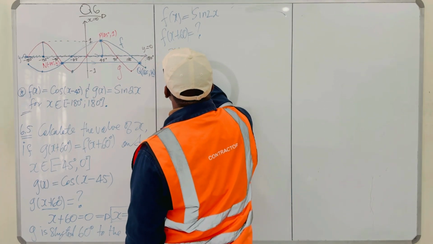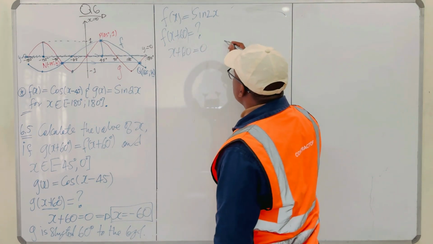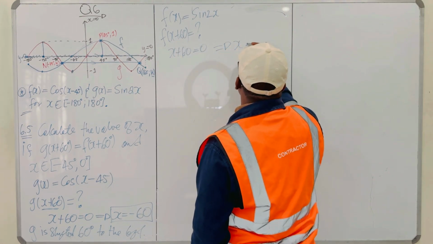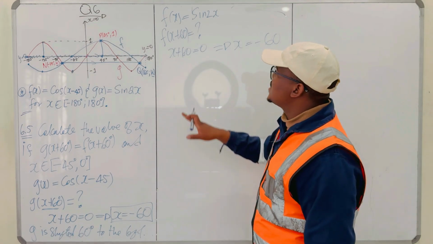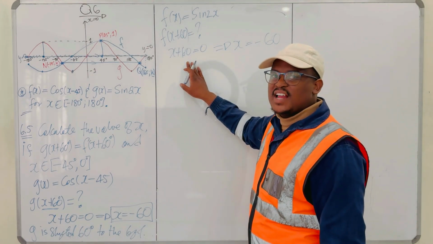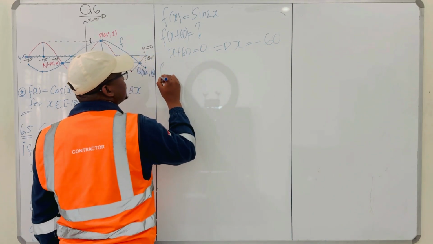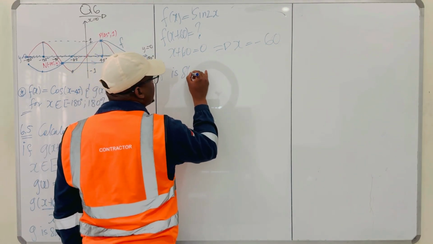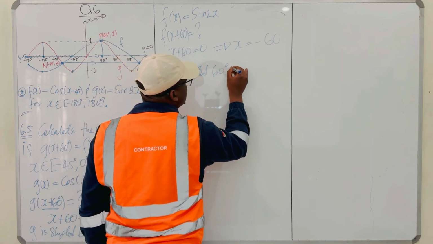You say my x plus 60 degrees is equal to 0. Equate this to 0 and solve for x. You find that x is equal to minus 60 degrees. It means that your function f has been shifted 60 degrees to the left. So what we can say is that f is shifted 60 degrees left.